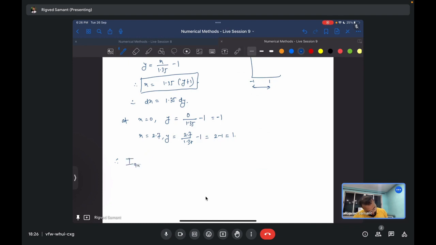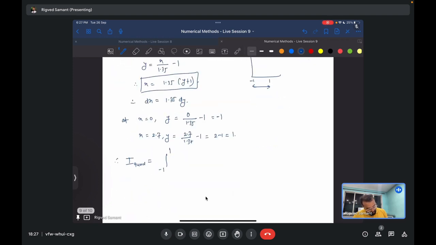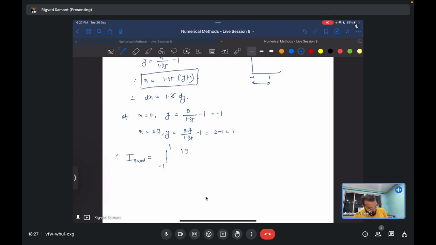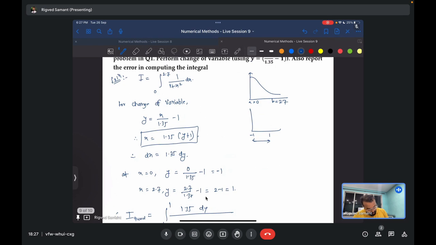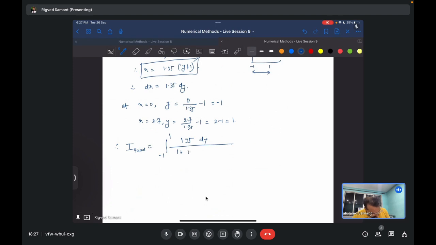Therefore I becomes I quadrature, that is from -1 to 1, dx is 1.35 dy divided by 1 plus x square. So x is here, 1 plus 1.35 square into y plus 1 square.